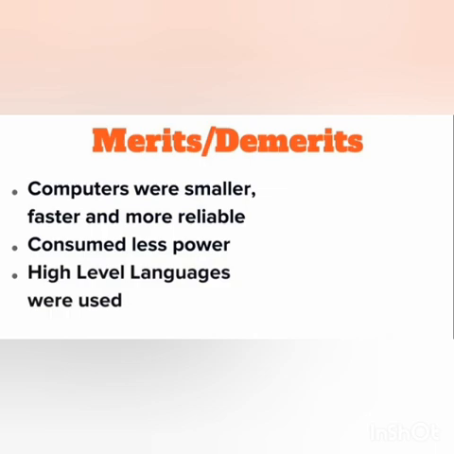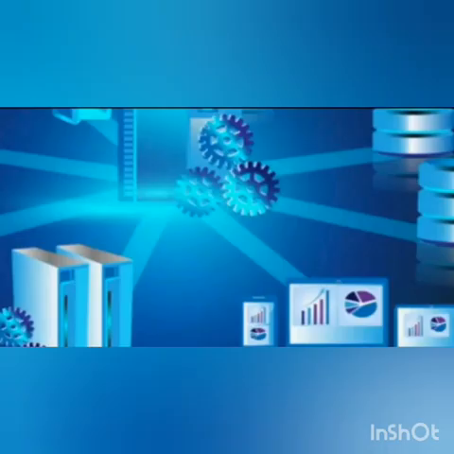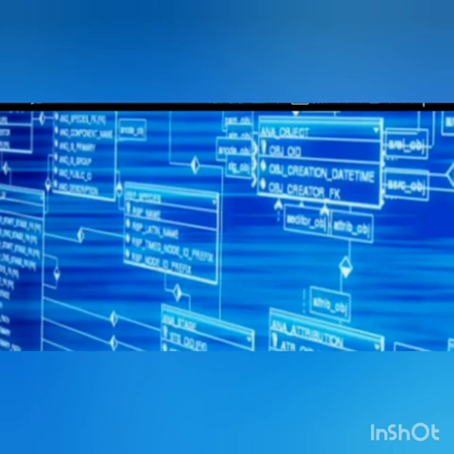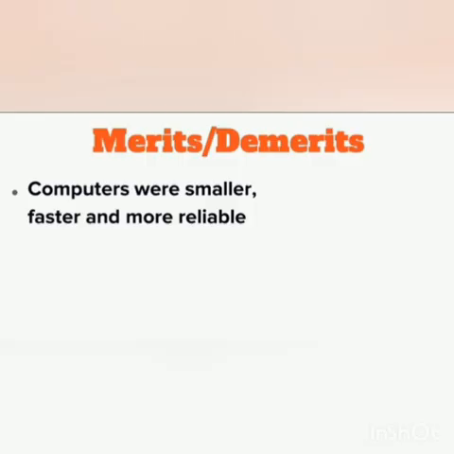It can be easily understood by the human, that is, the user can easily understand the language. That we call a high level language, where the language is converted with the help of the compiler to the machine language.